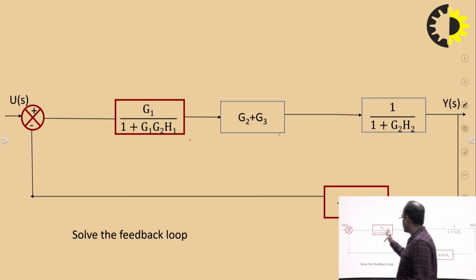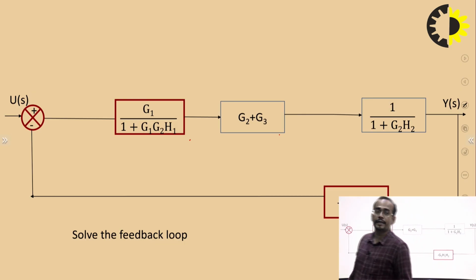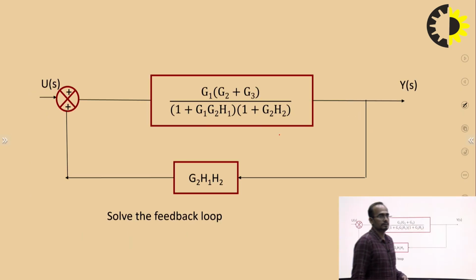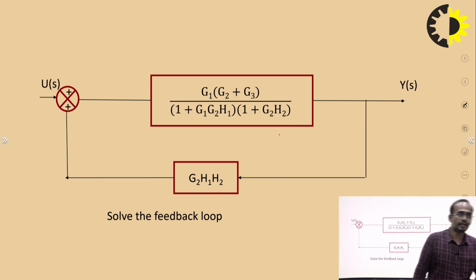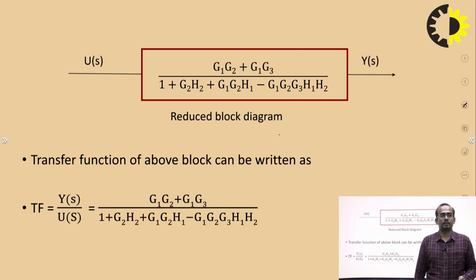Now you can easily see these three blocks are connected in series. So the resultant of this will be G1 G2 plus G3 over 1 plus G1 G2 H1 and 1 plus G2 H2, and G2 H2 is connected in feedback.